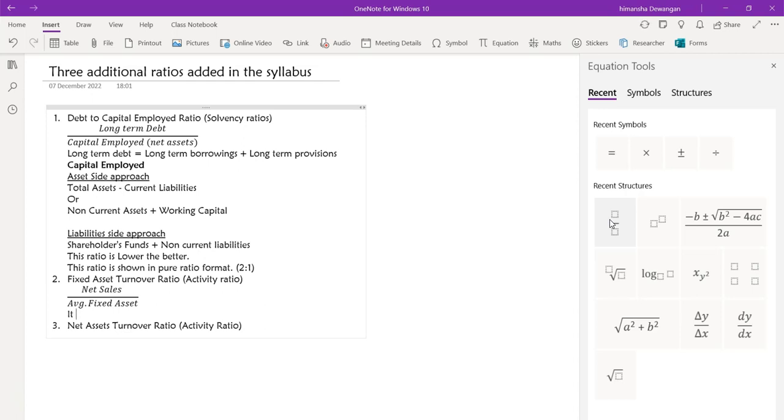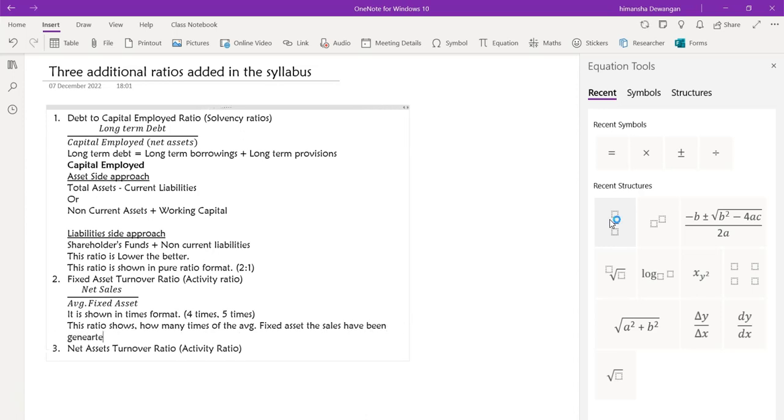This ratio is also shown in times format, 4 times, 5 times, like this. This ratio shows how many times of the average fixed asset the sales have been generated.